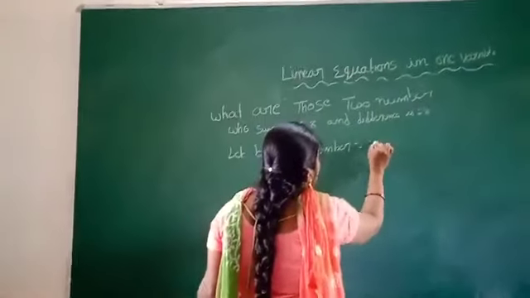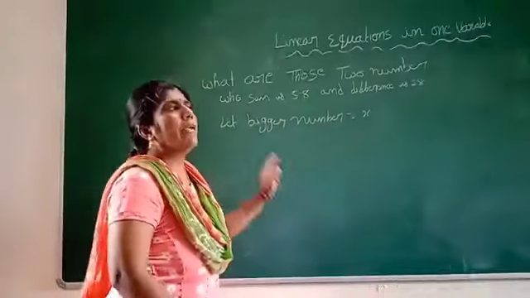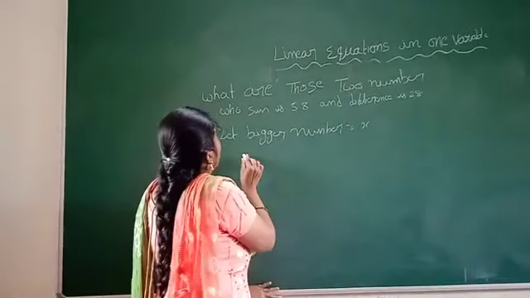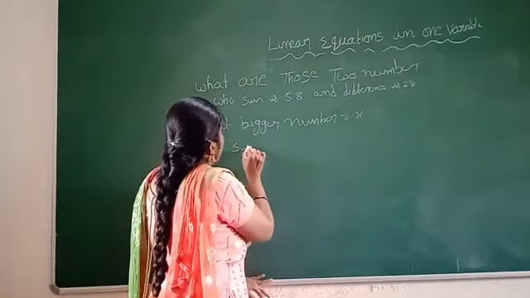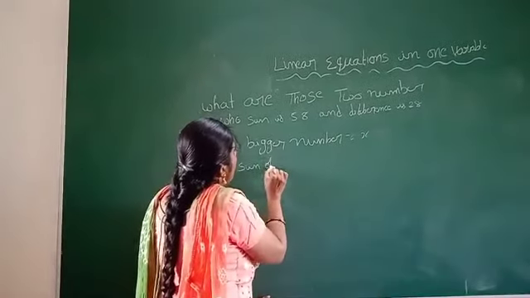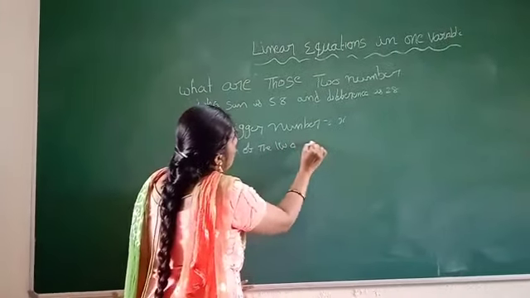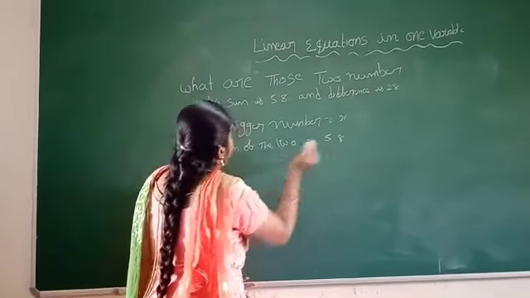Let the bigger number be denoted x. The sum of the two numbers is 58.